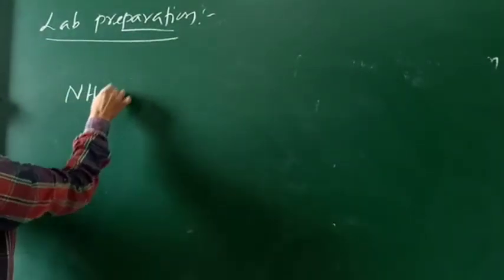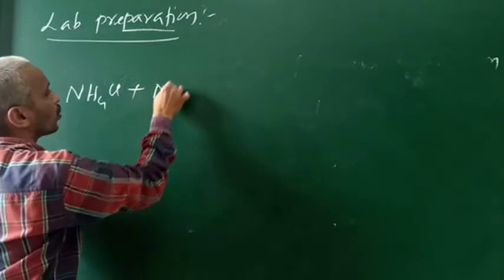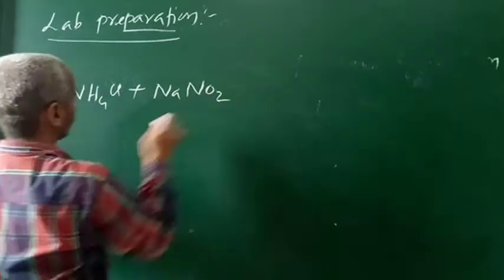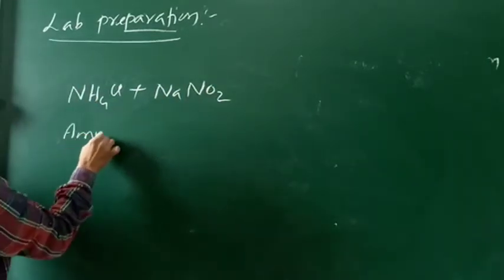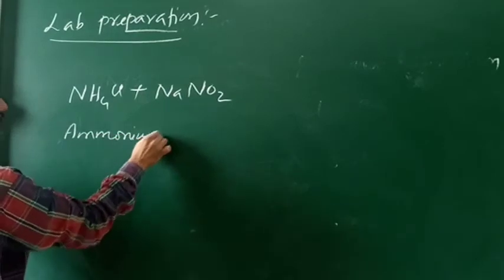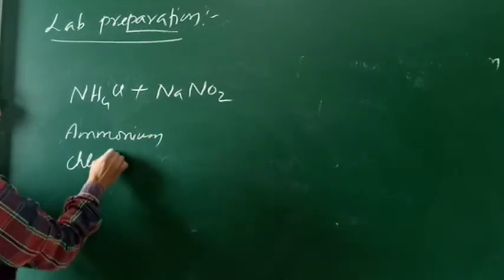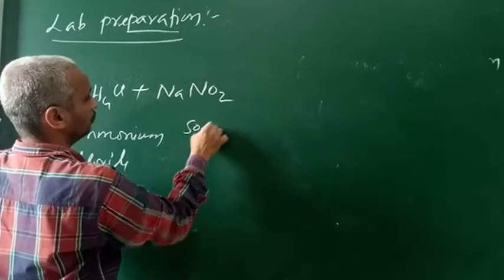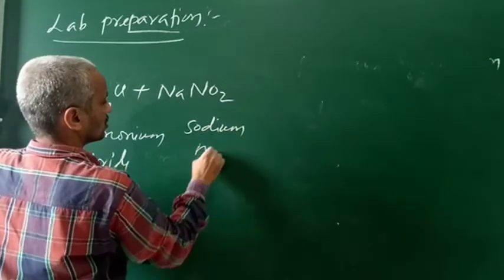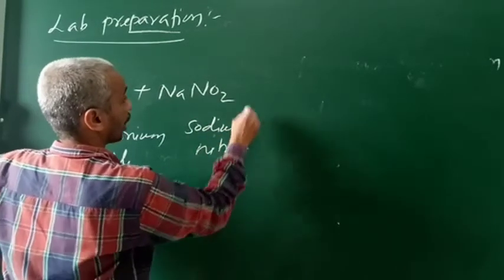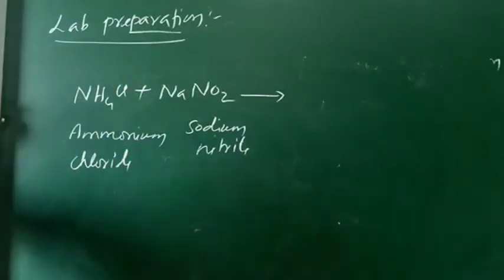In the lab method, what you do is, ammonium chloride should be treated with sodium nitrite. Sodium nitrite, not nitrate.